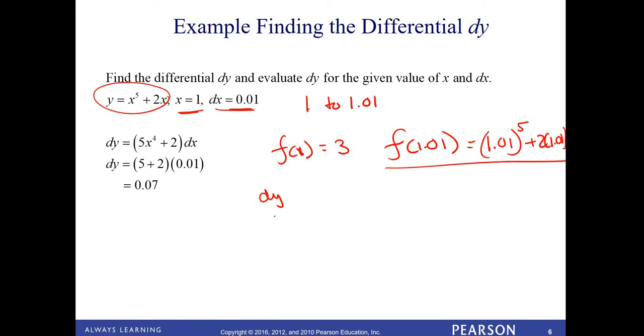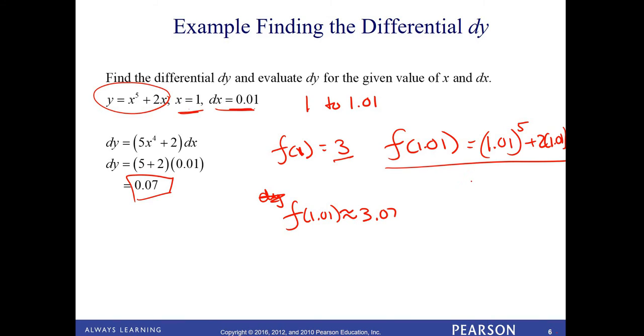Again, not simple without a calculator, but over here I can say that the approximation, or the differential, at f is approximately 3.07, taking my 3 and adding my differential to it.